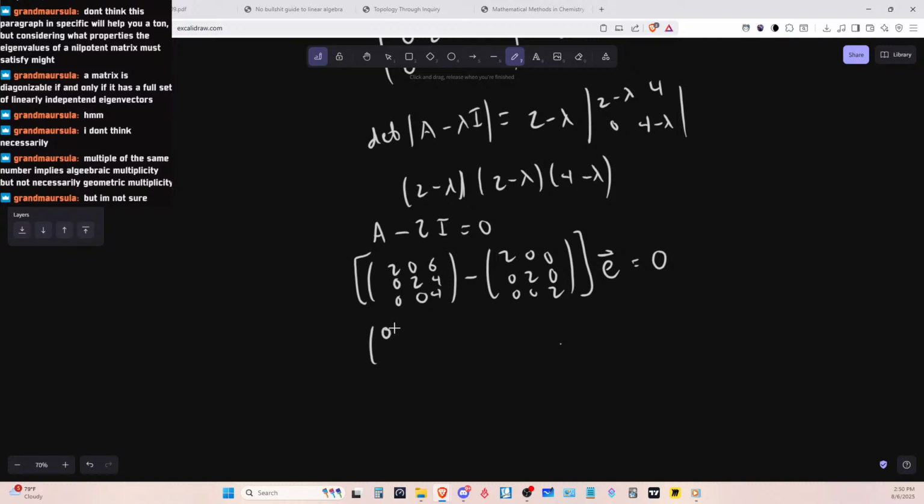Then we're left with 0, 0, 6, and then 0, 0, 4, and then 0, 0, 2.